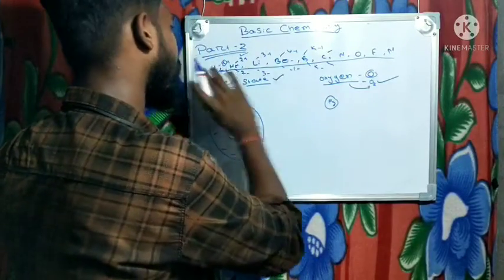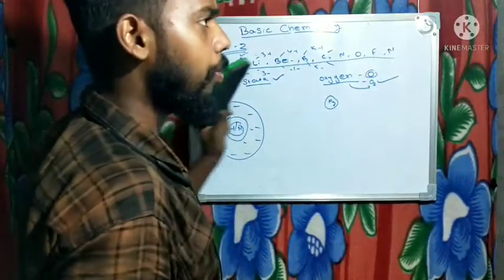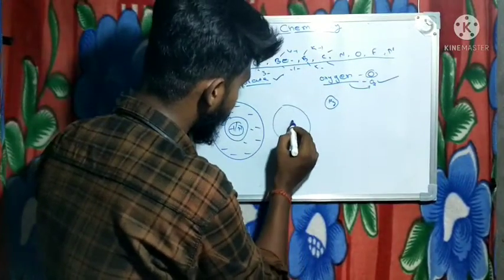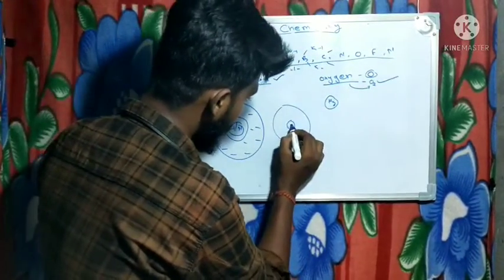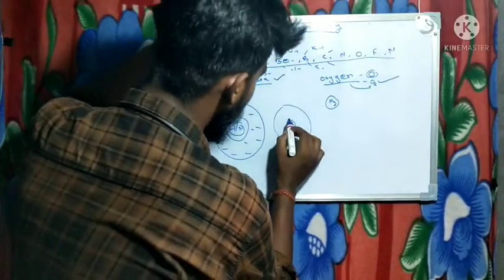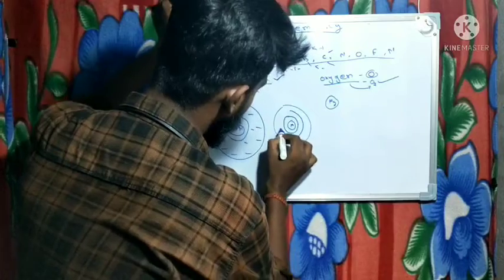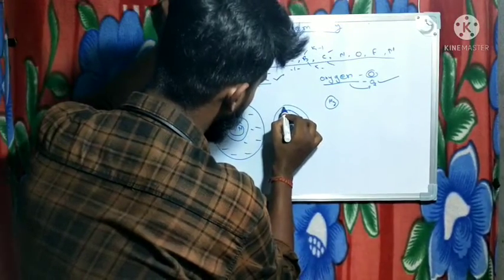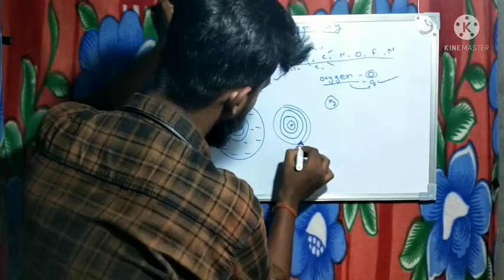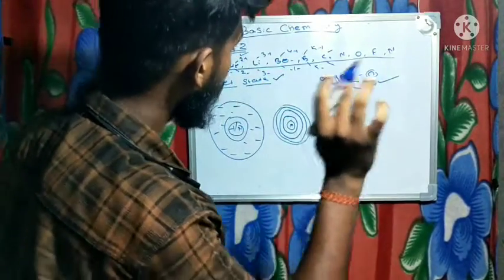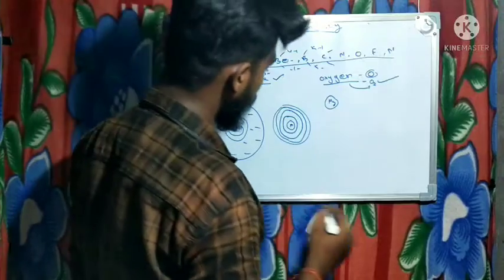That means every element in the world always forms a particular structure. If this is the atom and this is the nucleus, after that there is a ring-like structure. See here, this ring-like structure is called a shell. There are several rings, but we have to think about just three things because we have a short class.